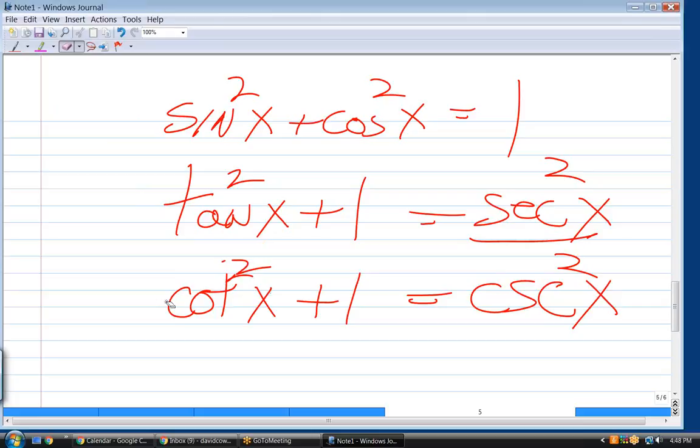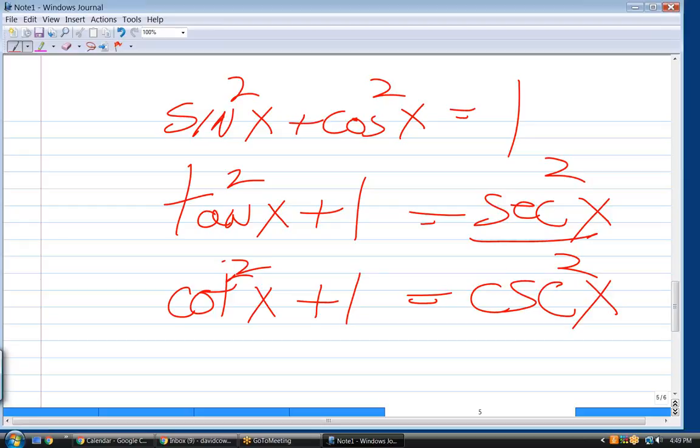So there are 11 primary identities. When you're verifying trig identities, there's only 11 that they base it on. That's the 6 reciprocal, the 2 quotient, and the 3 Pythagorean. That's 11.